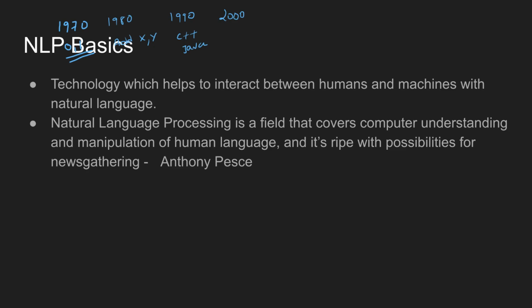And then there is a formal definition. Natural language processing is a field that covers computer understanding and manipulation of human language, and it drives the possibilities for new scaffolding. This is the formal definition by Antony. What it states is that natural language processing is a field which is trying to overcome the barrier between humans and machines.